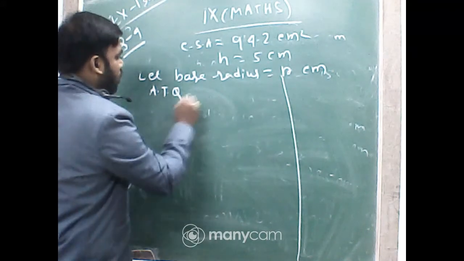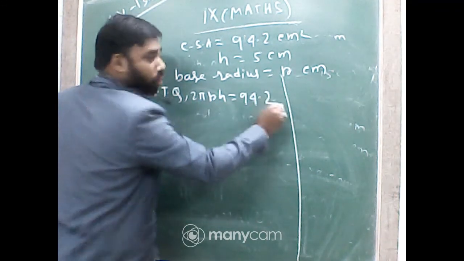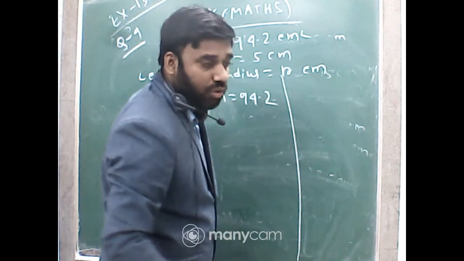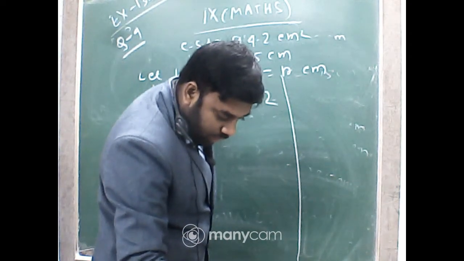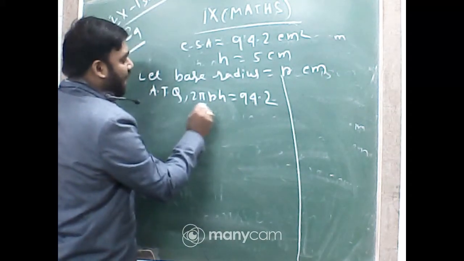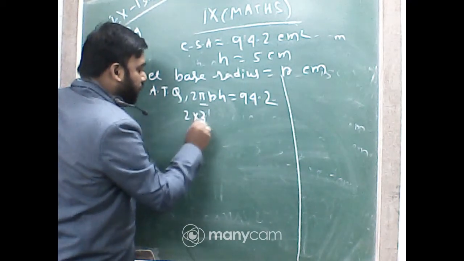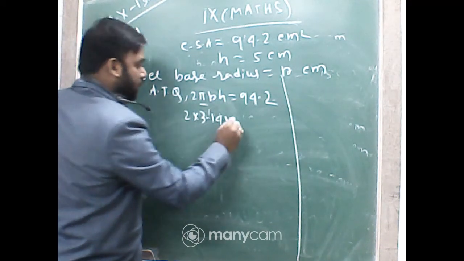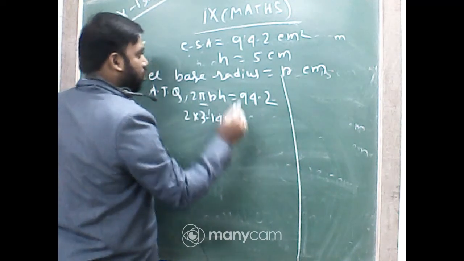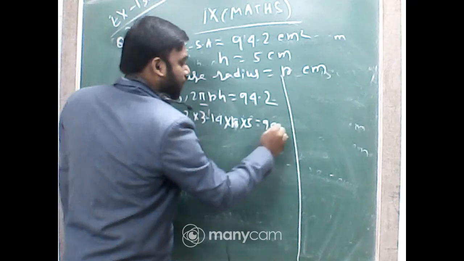So therefore 2 pi r h equal to 94.2. Nafisa, okay. In the question it is given that you have to use pi equal to 3.14. So 2 into 3.14 into r into h, h means 5, equal to 94.2.